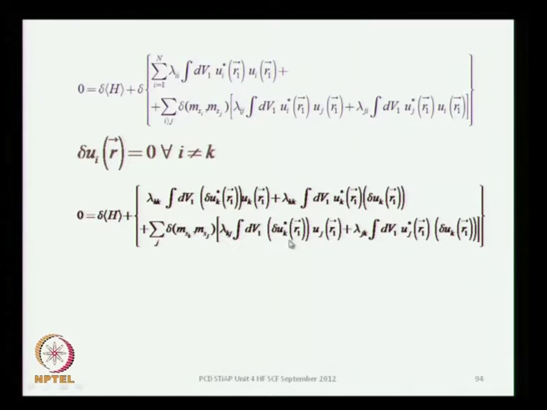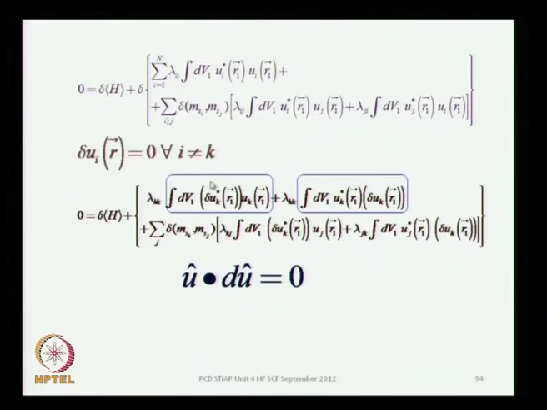So, delta u k star r 1, and then over here you have got the delta u k r 1. This is coming from the orthogonality constraint. So, this is coming from the normalization constraint, this is coming from the orthogonality constraint, and the variations in the single particle, the 1 electron integrals and the 2 electron integrals, those are already sitting over here. So, now you have to write all of these terms together.